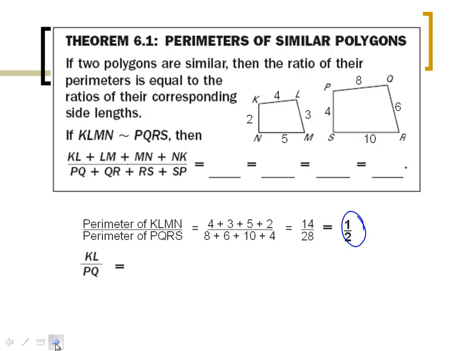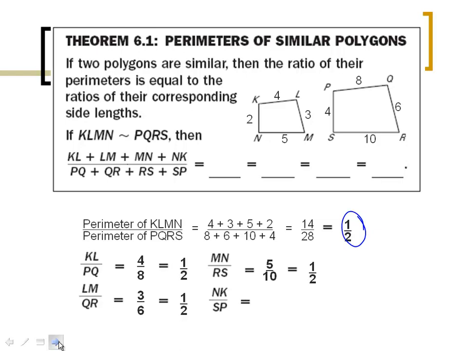Now, let's find the ratio of the side lengths. So KL is 4 over 8, which reduces to 1/2. LM over QR, well, that's 3 over 6, which is 1/2 as well. MN over RS, so that's the ratio of another side, that's 5/10, which is 1/2 also. NK over SP, well again, that's 2/4, which reduces to 1/2.